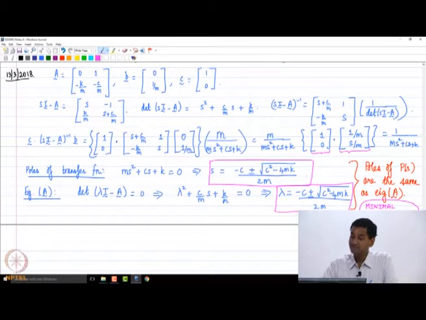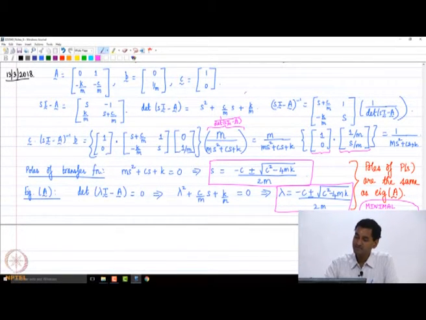Okay, so this is the determinant, right. See, what I have written here is the determinant, right. So of course, this is the reciprocal of the determinant. This is 1 by determinant of sI minus A, right. So what I have done is that determinant of sI minus A is s squared plus c by m s plus k by m.